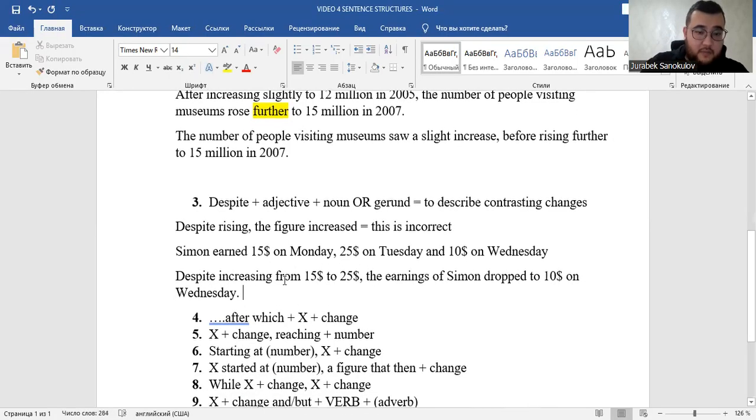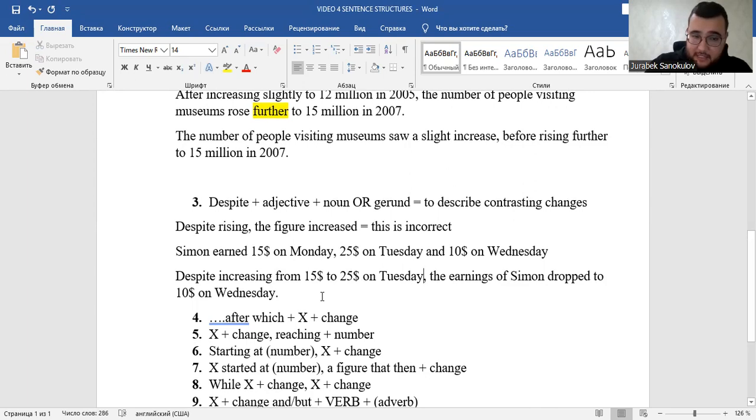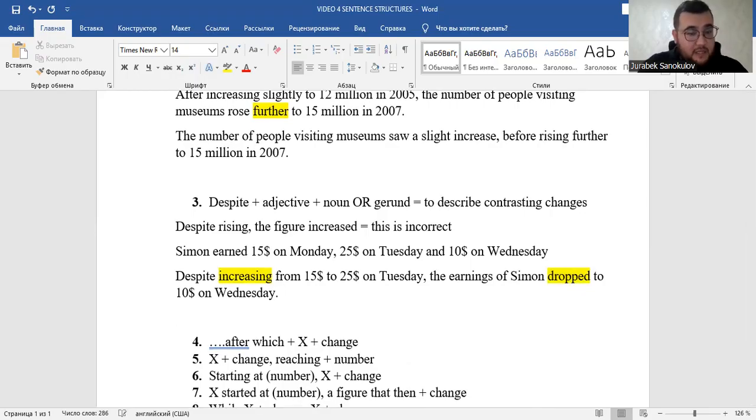That's how you should describe it. So despite increasing from, let's include on Tuesday, the earnings of Simon dropped to $10 on Wednesday. So we have now contrasting changes. Increase and decrease. So these are contrasting changes.